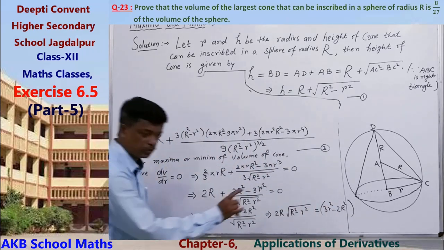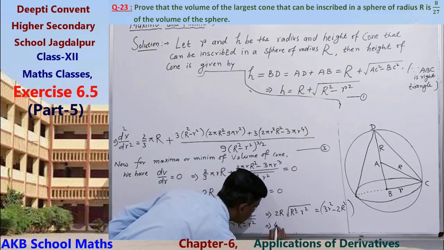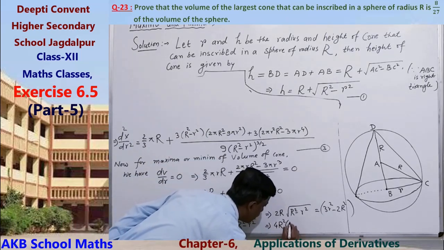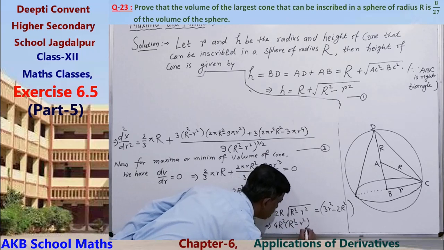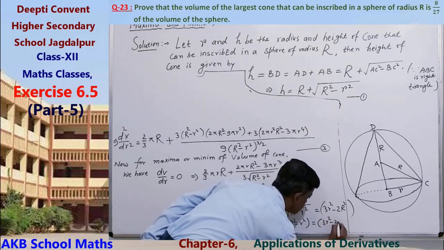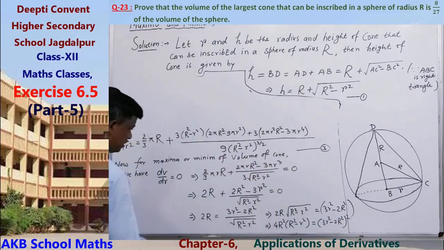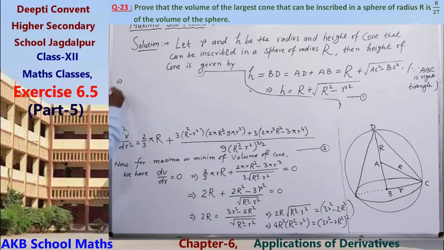Now squaring it on both sides implies 4R square (R square minus r square) equals (3r square minus 2R square) square. Squaring both sides.